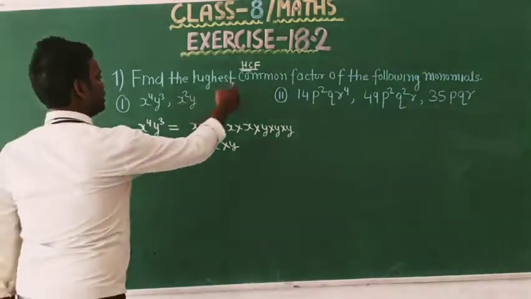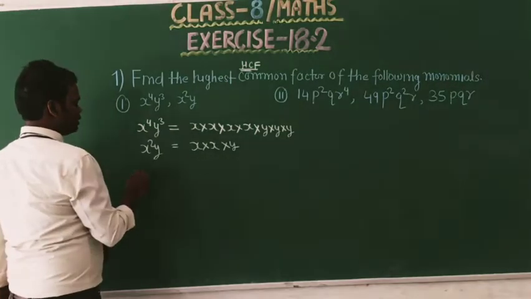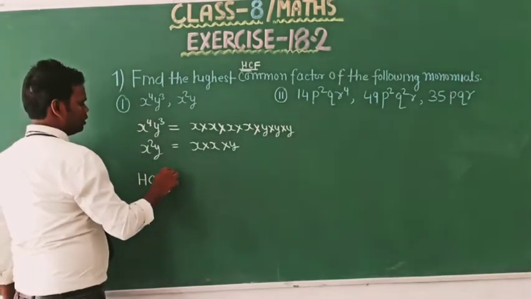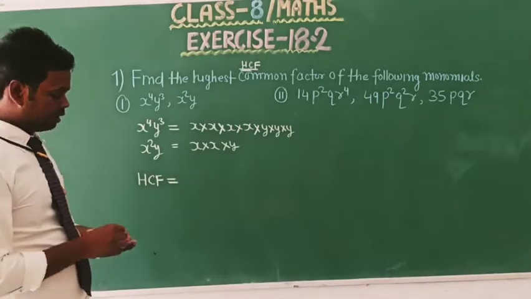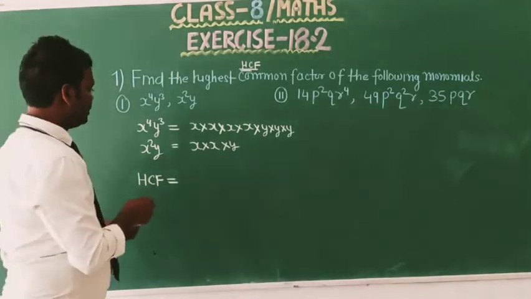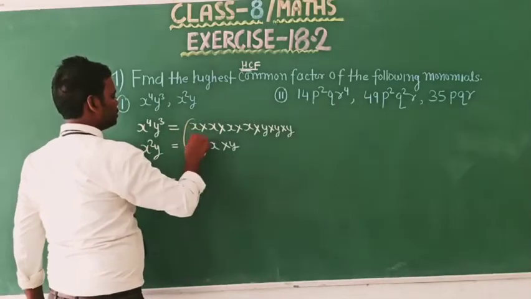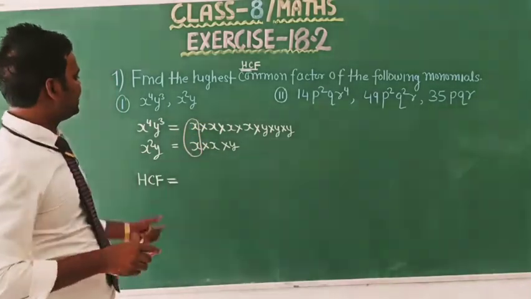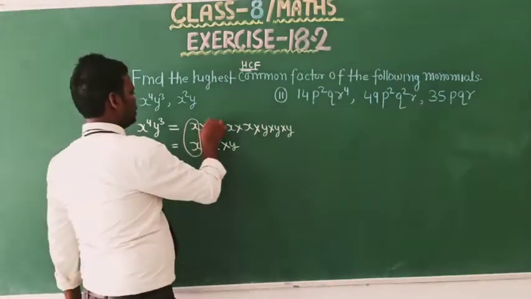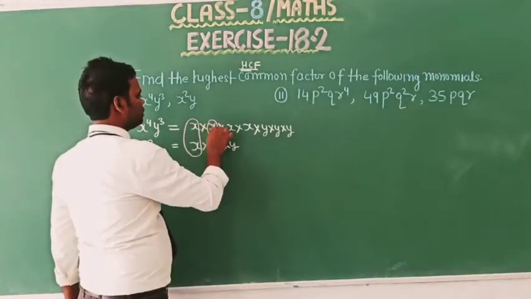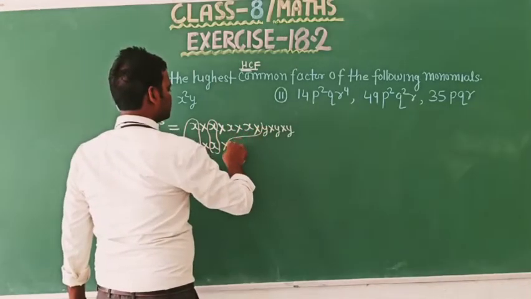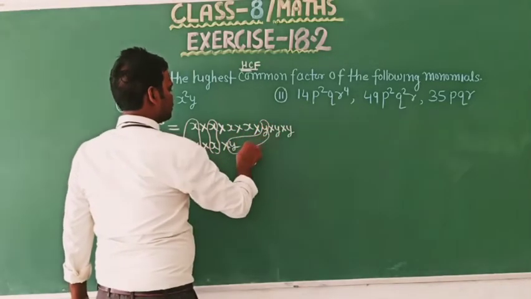Okay, then the highest common factor HCF equal to, this will be taking out the common terms in both the factors.